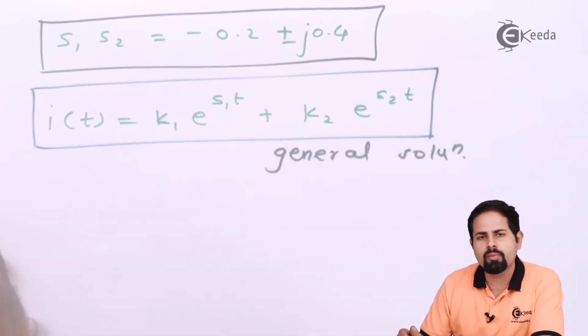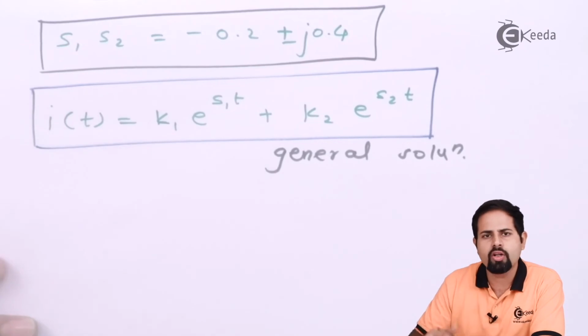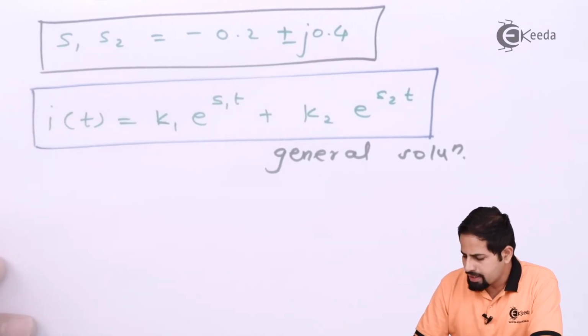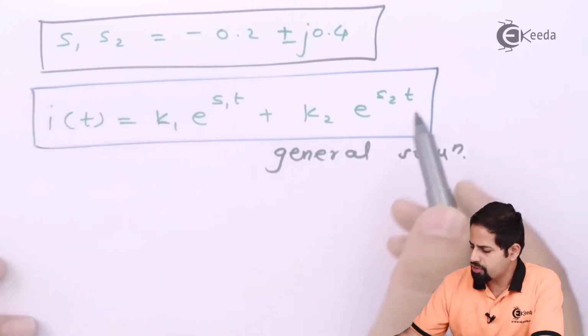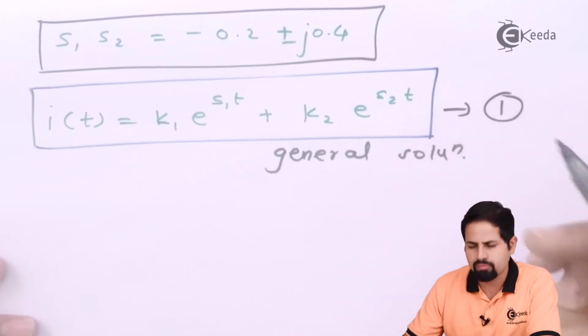If we are familiar with the first two cases, then I guess differentiation of this equation will help. Let's give it a name, equation number 1.